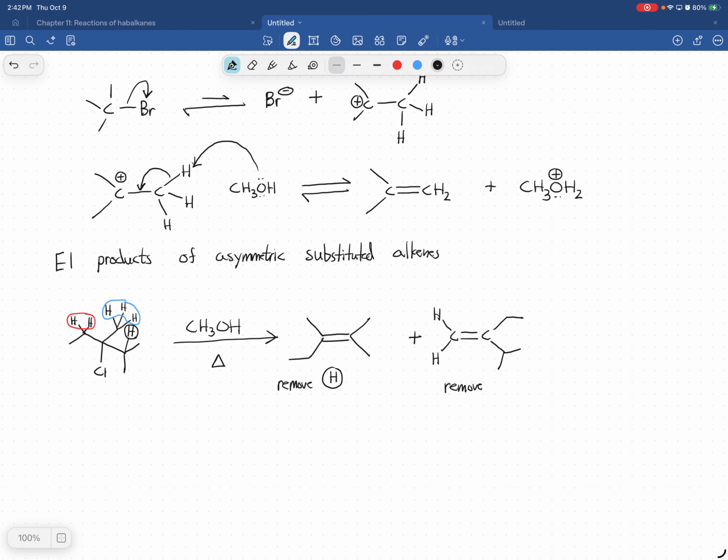So the ones from the blue hydrogens. So remove one of these blue hydrogens. You get this product. Okay? So you see here, this is this methyl group right here that we removed. All right? Because we still have both these isopropyl groups, which is this one. And we still have this ethyl group here, which is this guy. So that's the other alkene product.